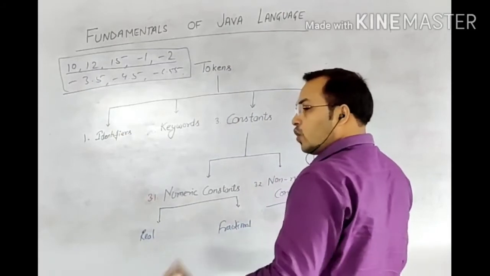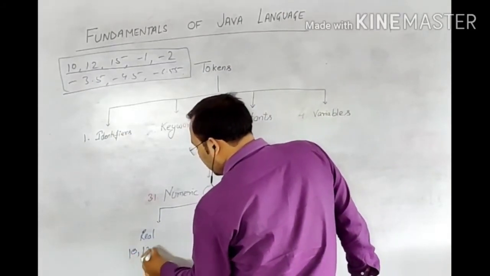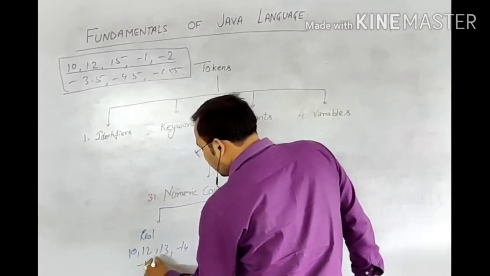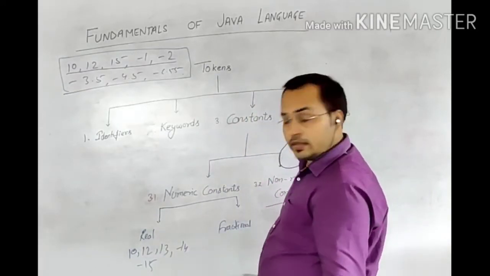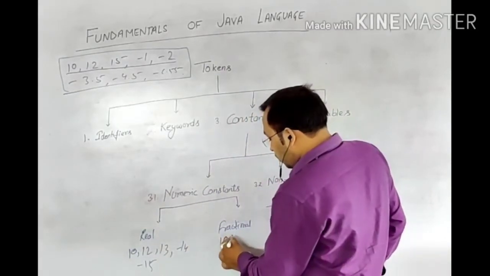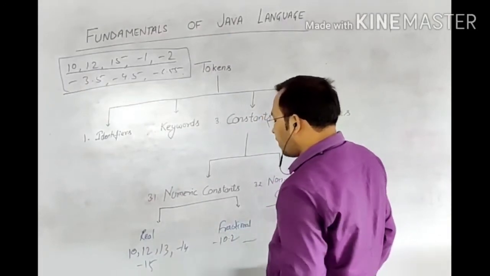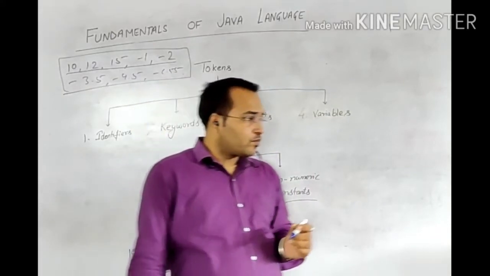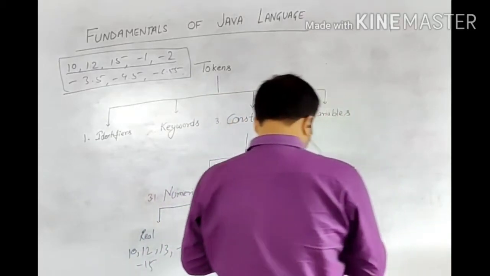Real means there will be no fractional part, like 10, 20, 12, 13, minus 14, minus 15, these types. And if you talk about the fractional, then 10.2 and all, minus 10.2, that means everything which has a fractional part. Okay, keep in mind.